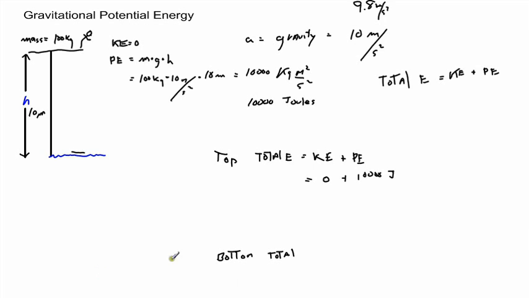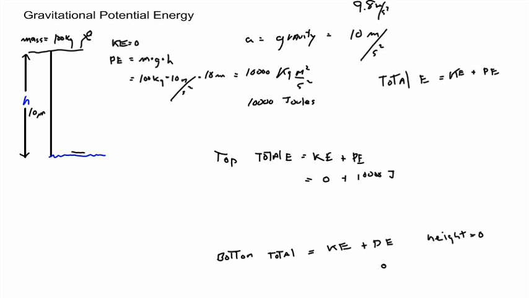And if his height is 0, then on the bottom, our formula still says KE plus PE. But if his height equals 0 on the bottom, then PE also equals 0.